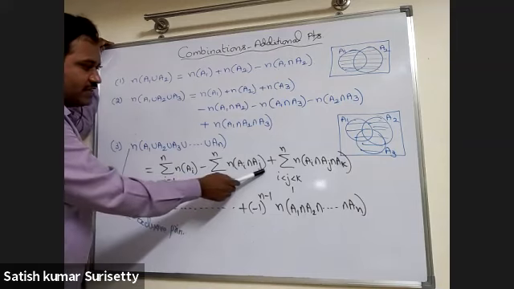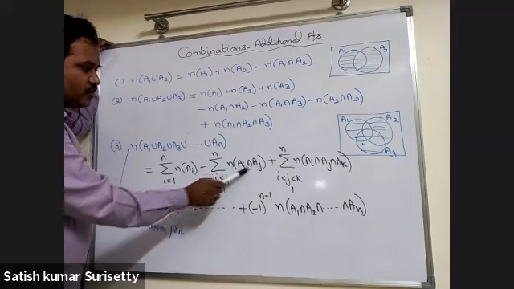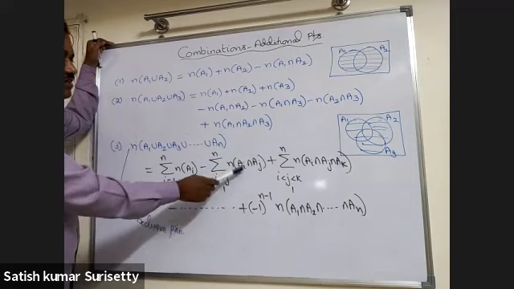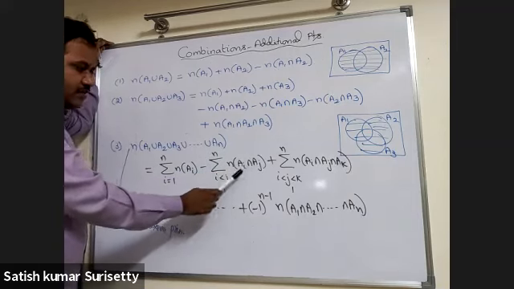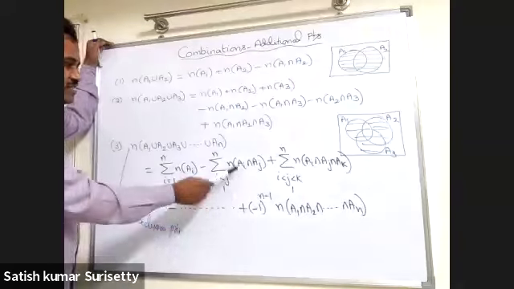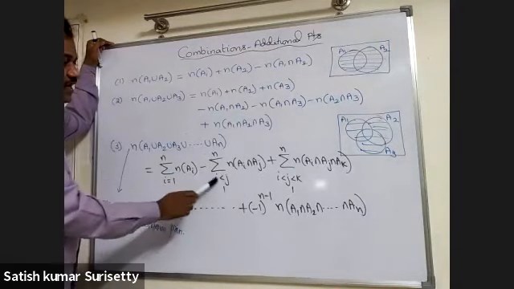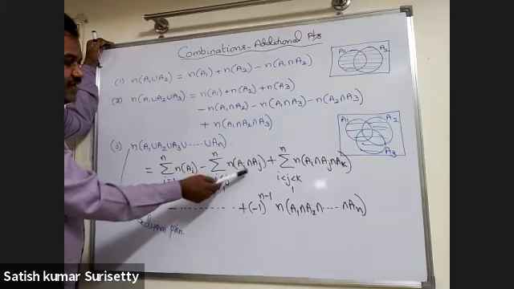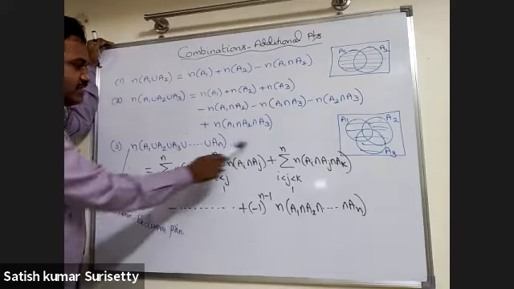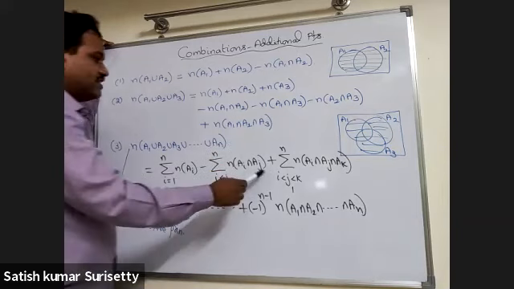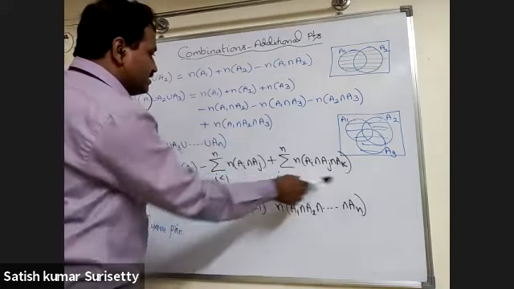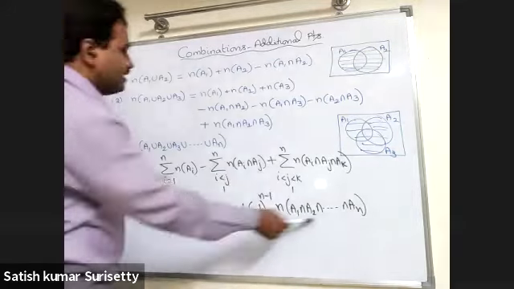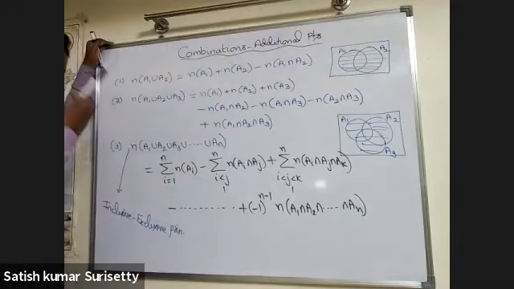That means 1 1 you cannot get, 1 2, 1 3 and so on 1 n. After that 2 1 will not be there, 2 2 will not be there, 2 3, 2 4 and so on. That means here when I expand the sigma, it contains nC2 terms because you are taking 2 at a time from n elements. Next, here nC3 and so on, nCn means only one term. So this is called the inclusion exclusion principle.